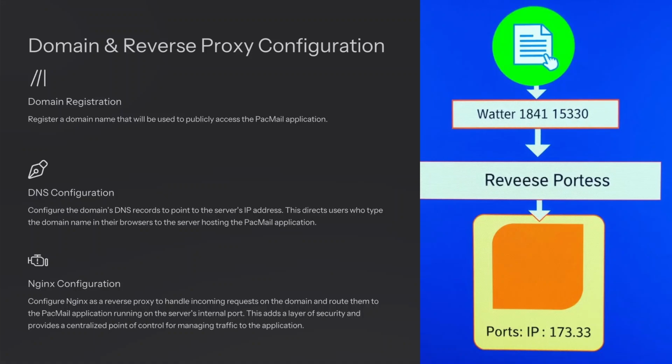In this case, we are using pacmail.groups.id. We will try the demo at the end of the section. After that, we can also generate the SSL connection using Certbot, so the connection will be more secure with HTTPS.